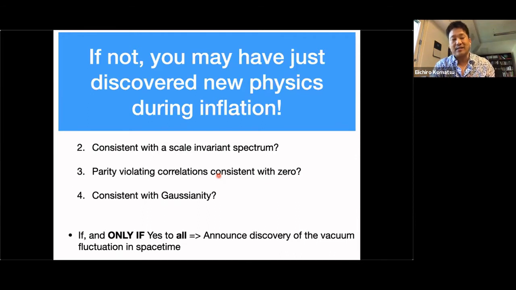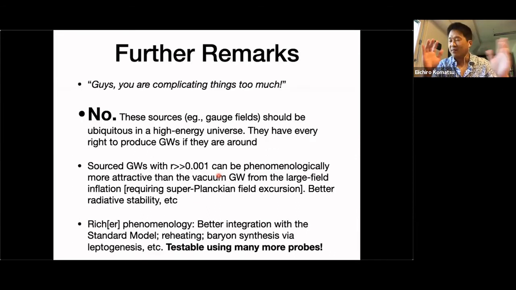Now, if I say this, people tell me, oh, Eiichiro, come on, don't complicate anything. No way. I would argue that these sources, matter fields, gauge fields, are ubiquitous in high energy physics. In fact, if we don't have these things in inflation, the universe will remain empty, cold, no reheating, no particles. So these particles must be there. I think everybody agrees on this.